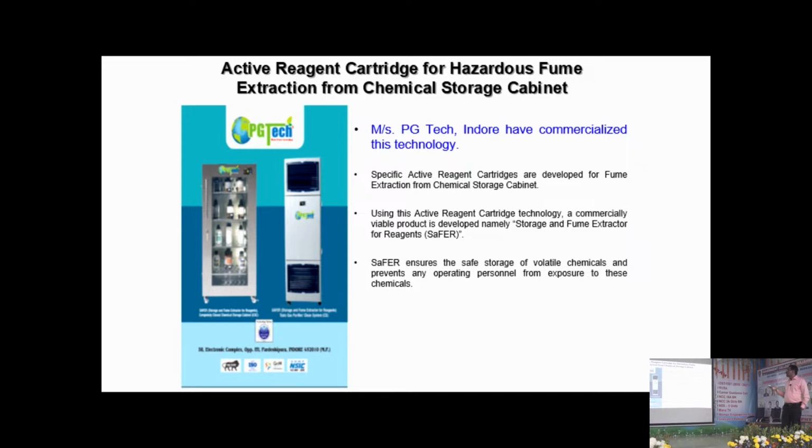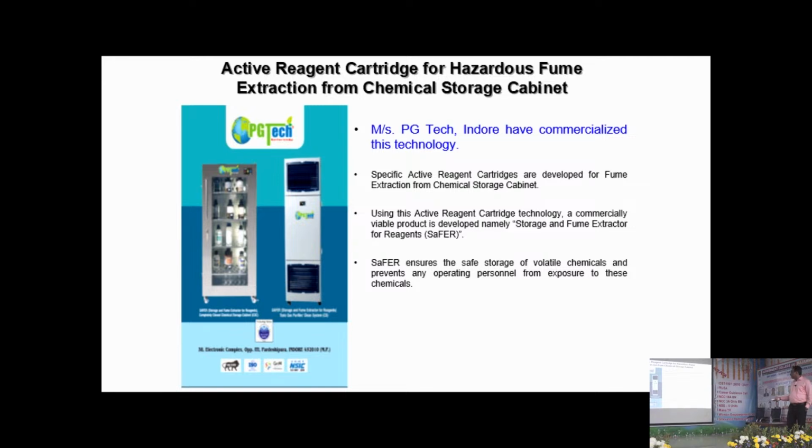This is another technology that chemistry people in labs will be using, because if you keep a lot of toxic and hazardous chemicals within the lab, fumes can affect the people around. So this safer will entrap all the fumes, and it is a safe storage device that BRC has designed. This also has been commercialized by a company called BG Tech.